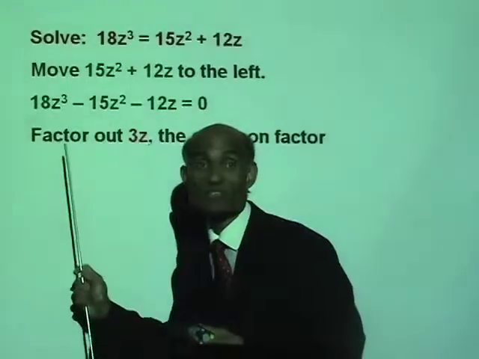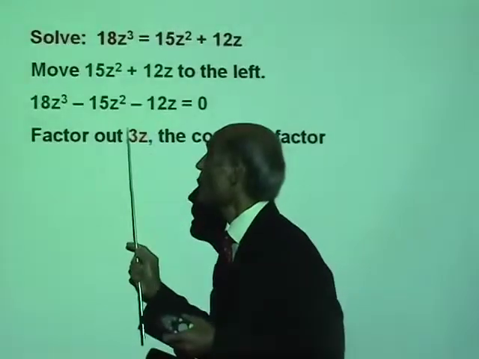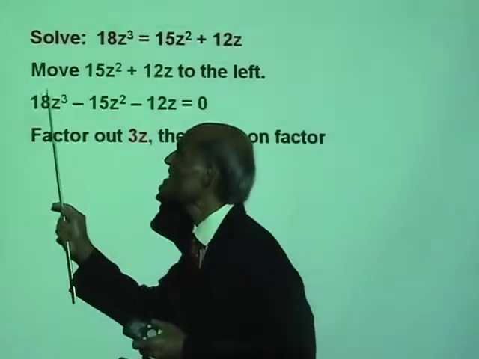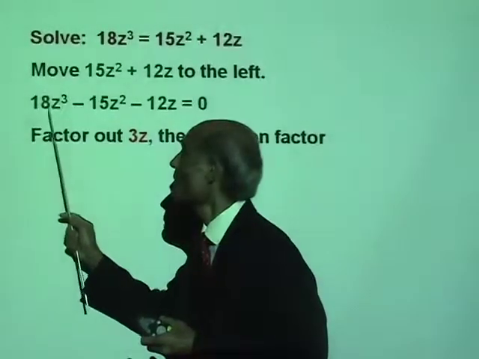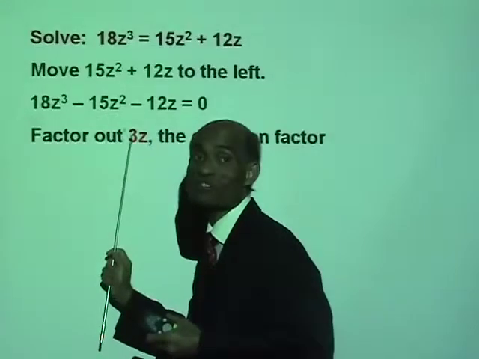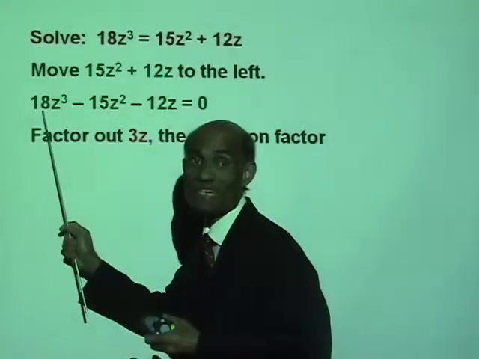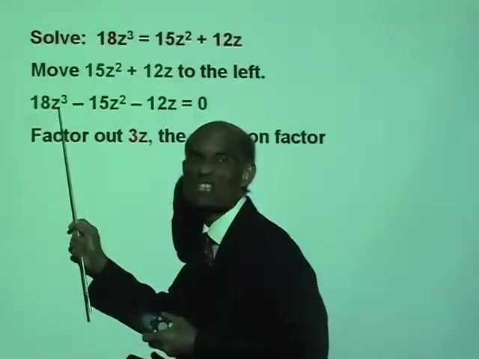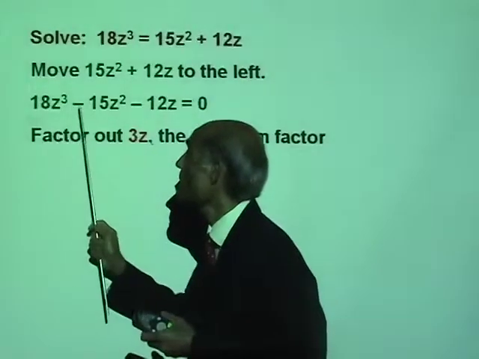Alright, let's factor 3z out. Can you do that in your mind? After taking out 3z from 18z cubed, what is left there? Well, when the factor 3 is removed, there is a 6 left there. 6 times 3 is 18. When the factor z is removed, there is a z squared there. So this will be 6z squared.